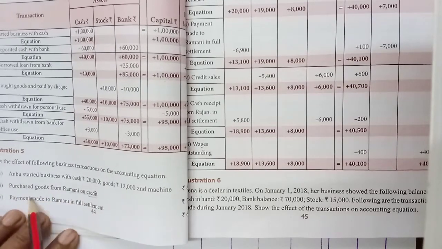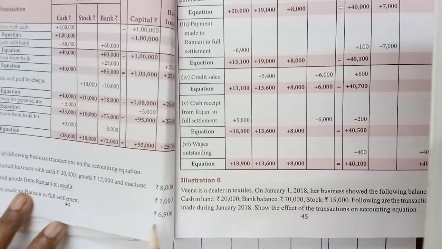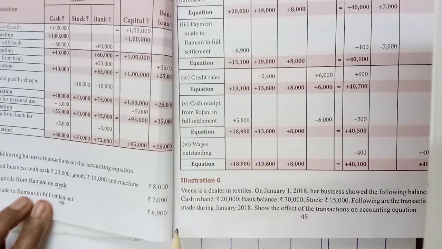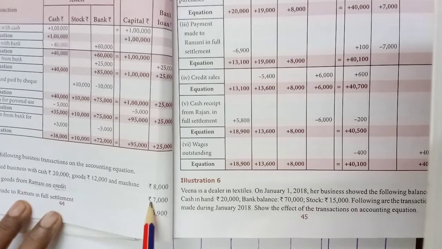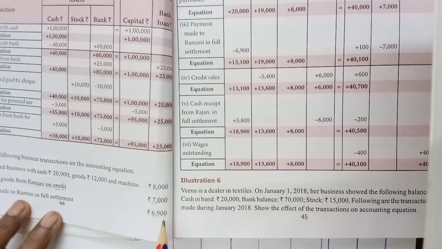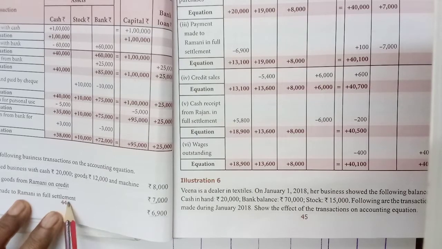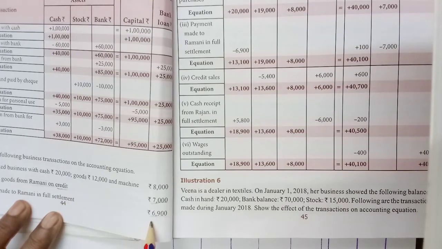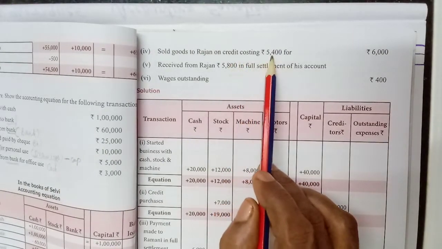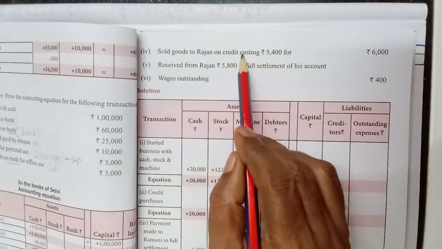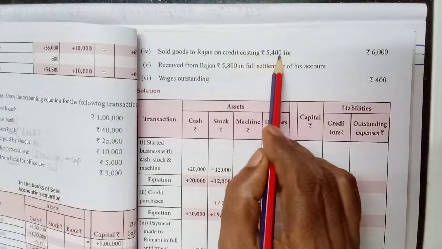Okay, then payment made to Ramani in full settlement, 6,900 given. If we have purchased for 7,000 and we are paying 6,900, that 100 is a gain for us, so it will be added along with the capital. Any gain we should add. Then sold goods to Rajan on credit 5,400, that means the goods stock is reducing by 5,400.